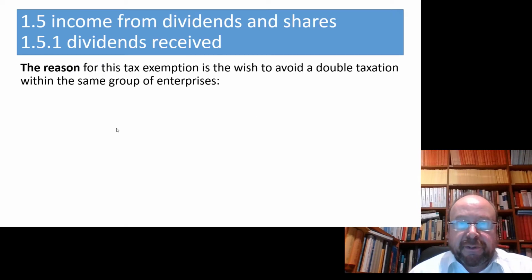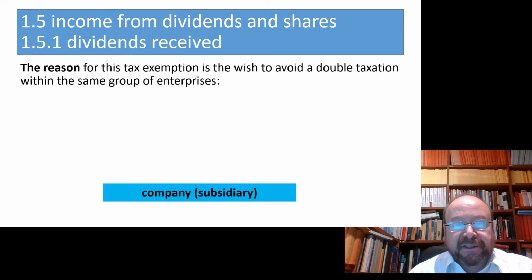The reason for this tax exemption is as follows. One wants to avoid a double taxation within the same group of enterprises, because imagine there is a company somewhere at the bottom in the group, a subsidiary.